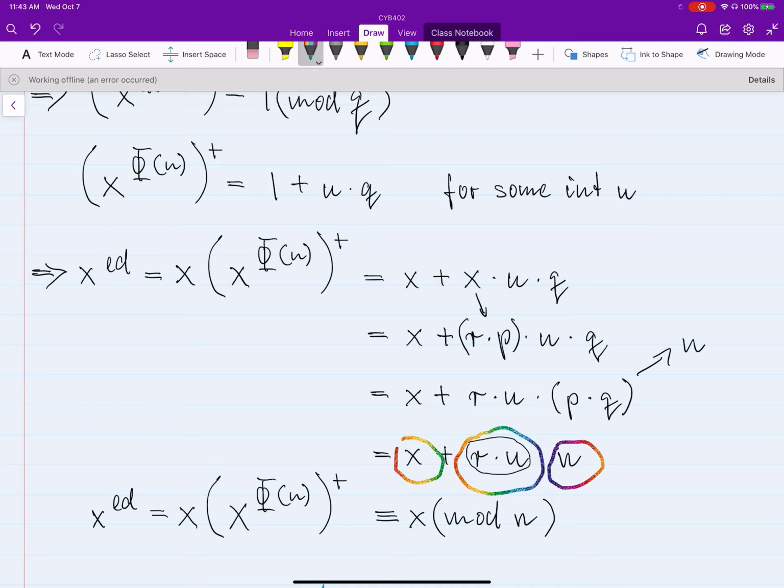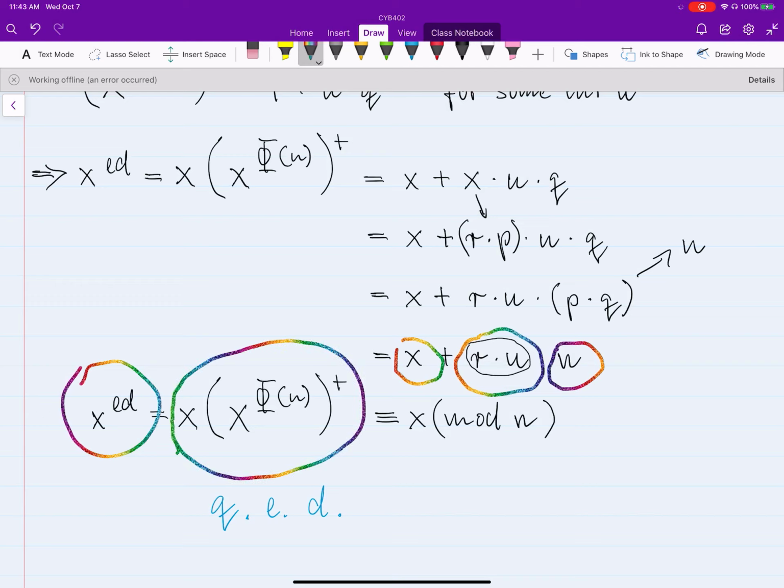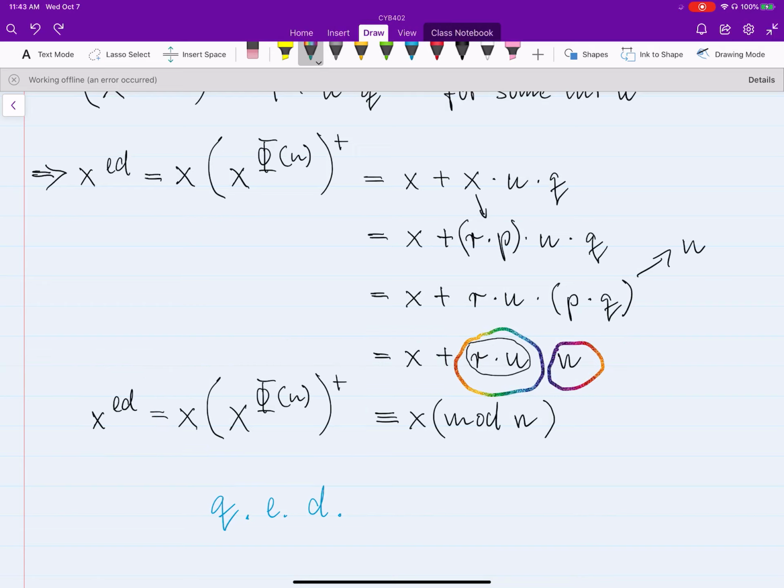So if we modulo n this, and this is what we need to do anyways, when we have x to the ed, it's modulo n. So which means that this is the same as this, and this is congruent to this expression modulo n. What does that mean?